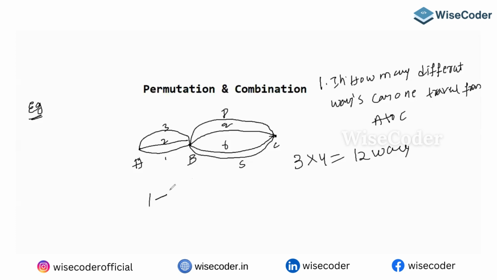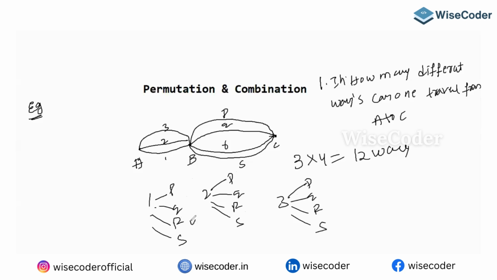Route 1 with P, Q, R, S: 4. Route 2 again P, Q, R, S: 4. Route 3, P, Q, R, S: 4. So 4 plus 4 plus 4 will give you 12.